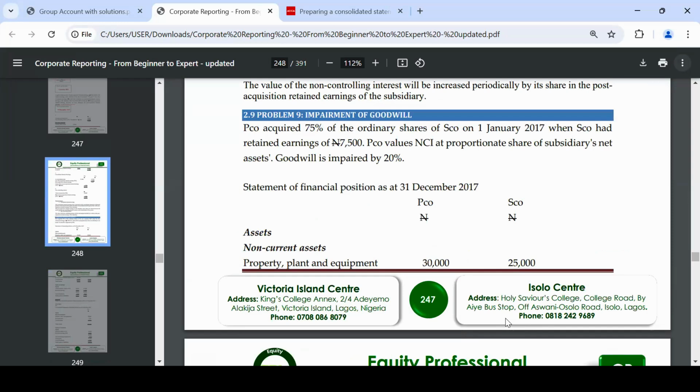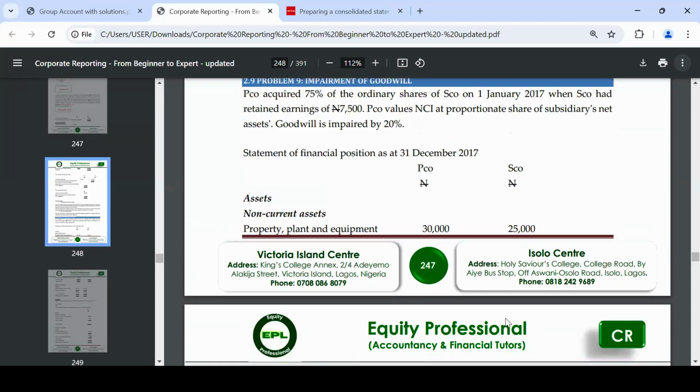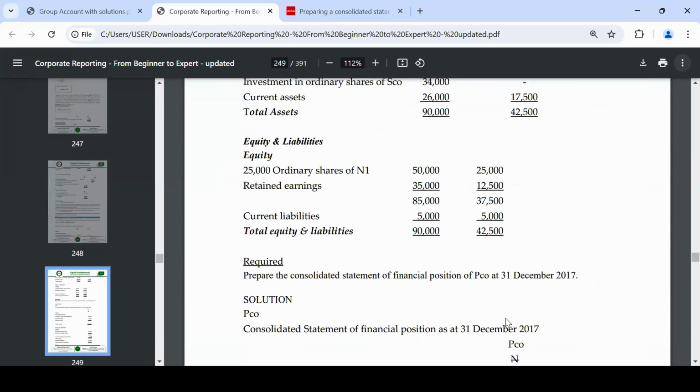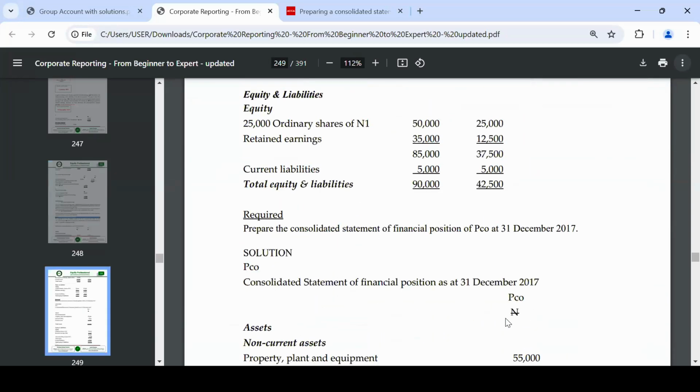PICO values NCI at proportionate share of the subsidiary's net assets. Goodwill is impaired by 20%. The statements of financial position as at 31st December 2017 are given below. You are asked to prepare the consolidated statement of financial position of PICO at 31st December 2017.